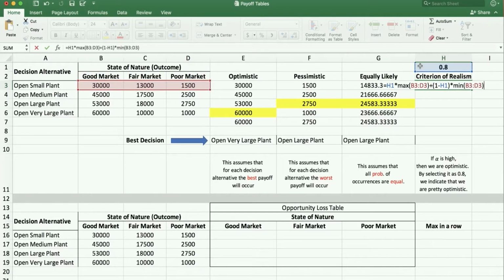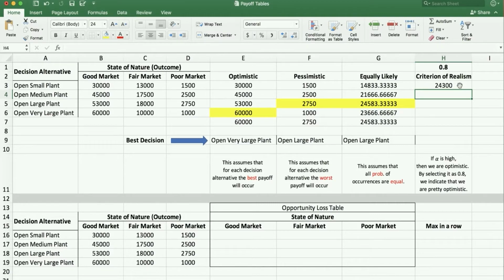So what I did again is alpha, which is 0.8, times the maximum payoff for the first decision alternative plus 1 minus 0.8 times the minimum payoff for this first decision alternative. Okay? So this is equal to 24,300.